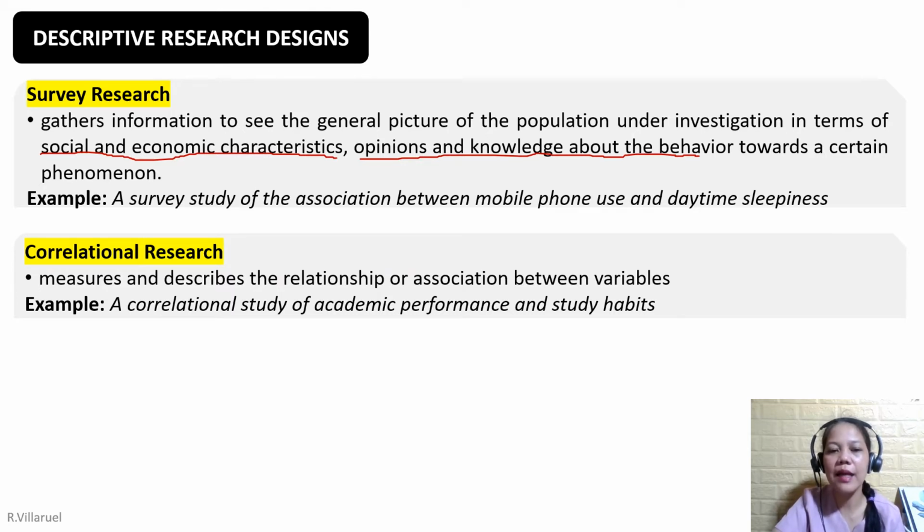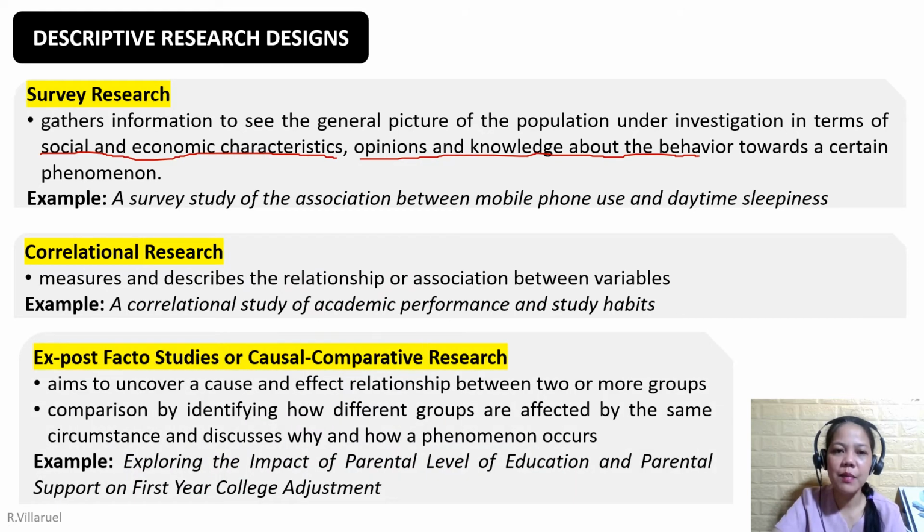So, sa example natin, maaari nating sabihin na kapag maganda ang study habits ng isang bata, pwede siya magkaroon ng magandang grades. Or, pwede naman na kapag hindi maganda ang kanyang study habits, ay bumagsak siya sa mga subjects niya. Or maaari rin nating sabihin na wala silang kinalaman sa isa't isa.